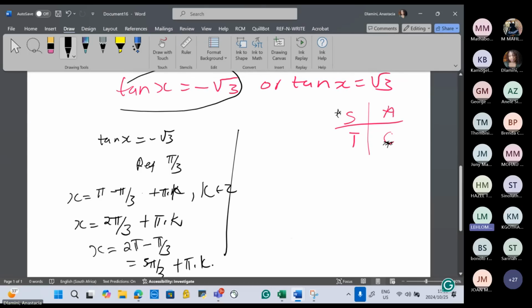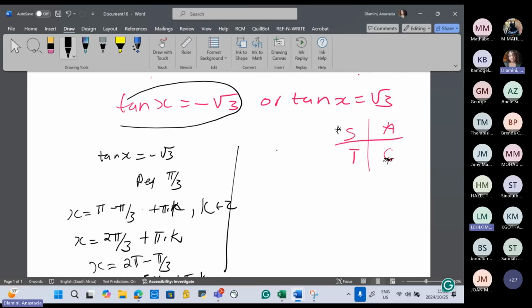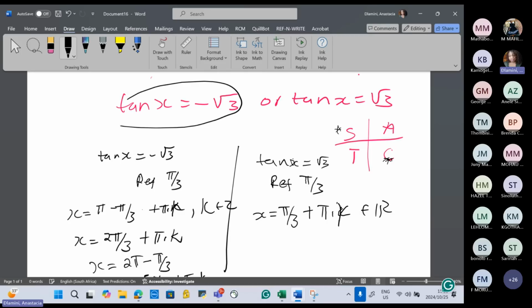And again, I'm done with that one, where tan is negative. I'll go with the one where tan x is equal to the positive √3. Then my reference angle is x = π/3, and my values of x are π/3 plus π times k, where k is an integer.